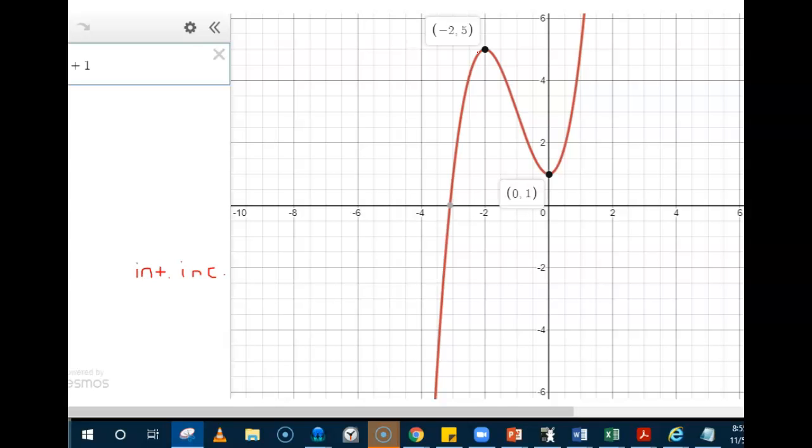It's no longer increasing. So if I got to write an interval of increase, this interval starts down at negative infinity, and it goes all the way up until I hit my maximum point, which is at -2. So an increasing interval would be from negative infinity to -2.